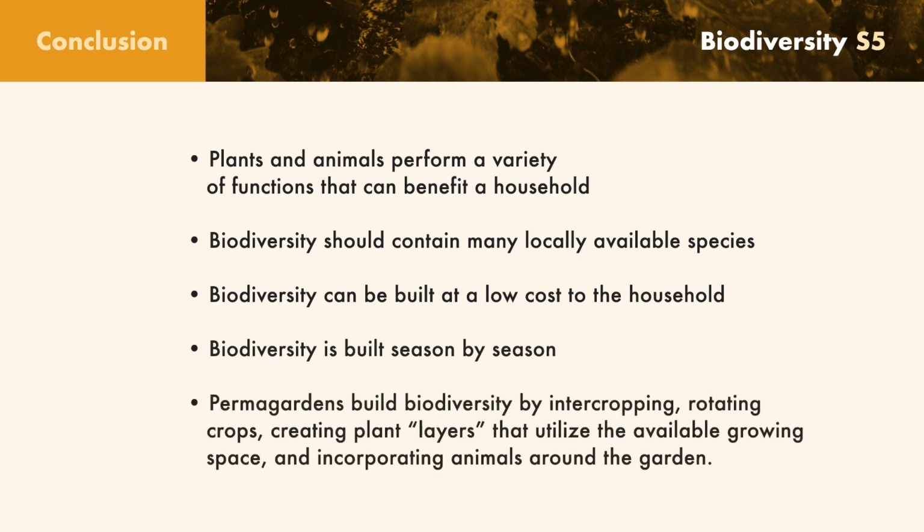The Permagarden approach builds biodiversity by intercropping, rotating crops, using every available opportunity to create plant layers that utilize all available growing spaces, and incorporating animals around the garden. Through consistent use of these techniques, households can increase the number of species available to them, allowing them to better meet their food and income needs.